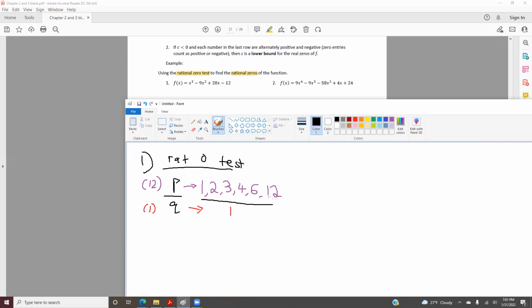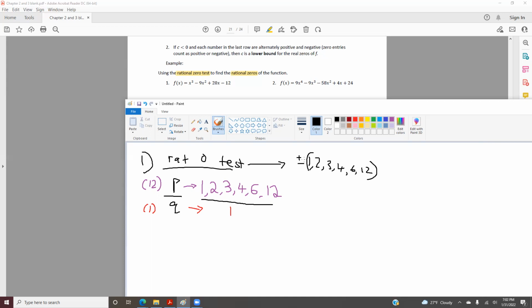So you just need to divide this. Using the rational zero test, don't forget the plus minus, this is important. And you just need to divide this by 1. So 1 divided by 1 is 1. Anything divided by 1, you get back the same thing. So you get 1, 2, 3, 4, 6, and 12. Don't forget, you have plus and minuses.